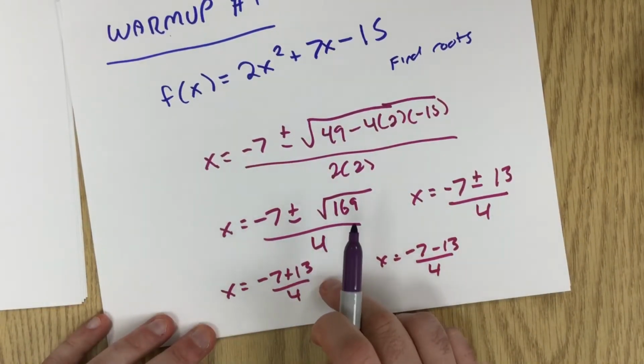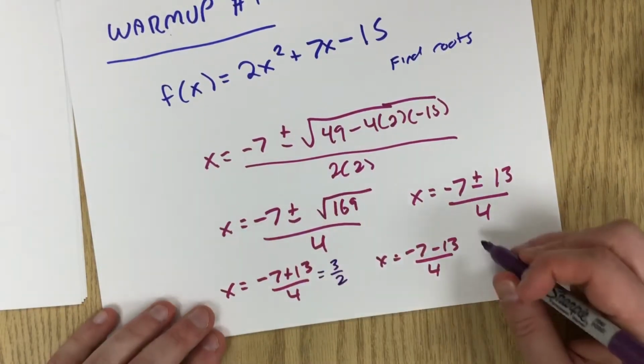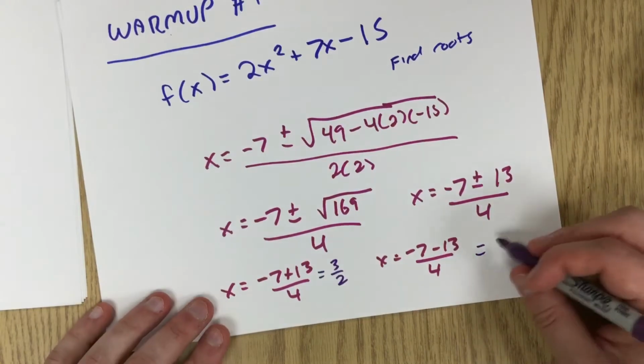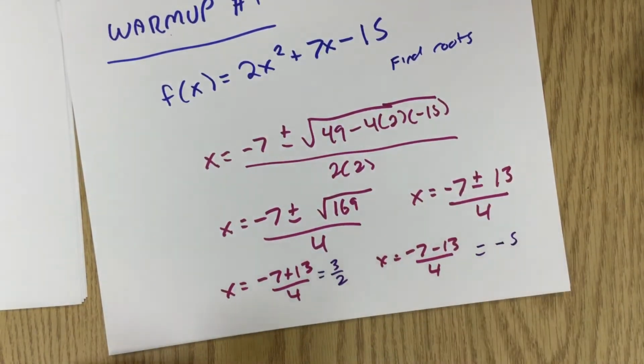And minus 7 plus 13 is 6. 6 over 4 is 3 over 2. Minus 7 minus 13 is negative 20. Negative 20 over 4 is negative 5. So the answers are 3 over 2 or negative 5.